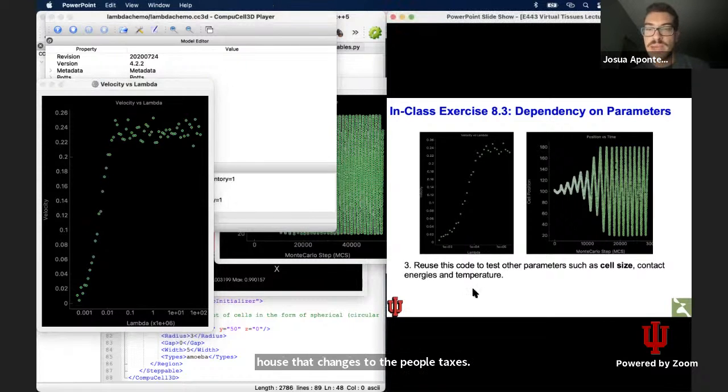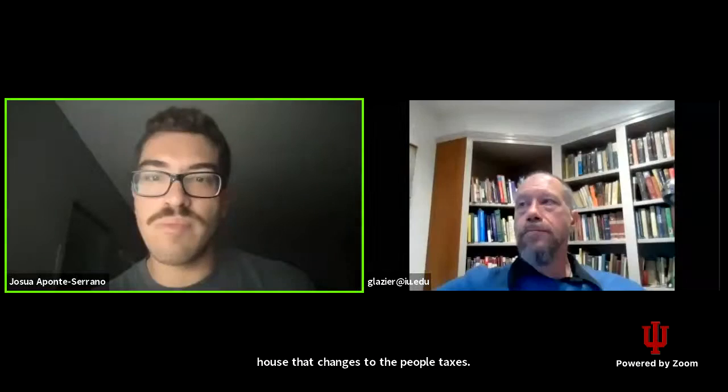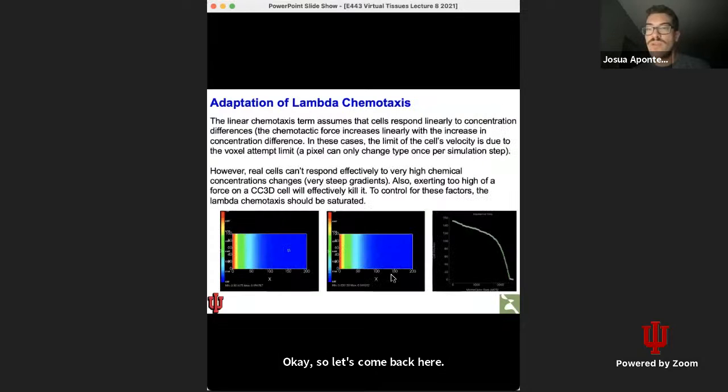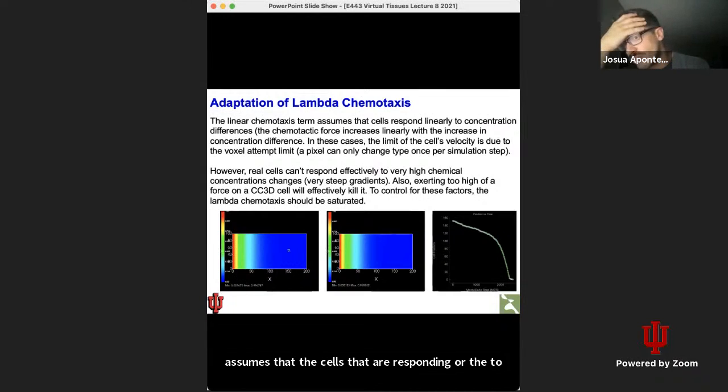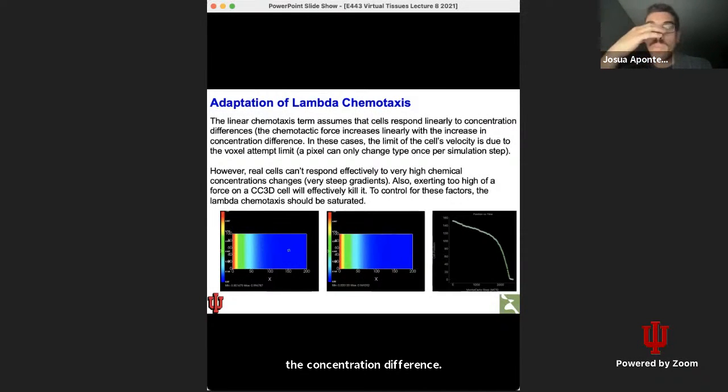Okay, so let's come back here. The other problem that we will experience, as we were pointing out, is that the simple chemotaxis term that we are using assumes that the cells are going to respond linearly to the concentration difference. But this is a problem when the concentration gradient is exponentially increasing or decreasing, because then the response itself will increase exponentially.